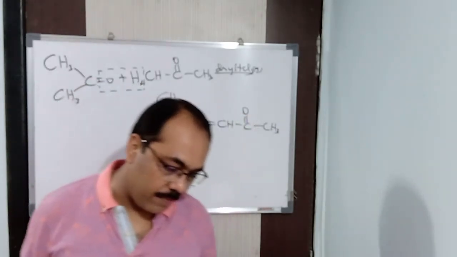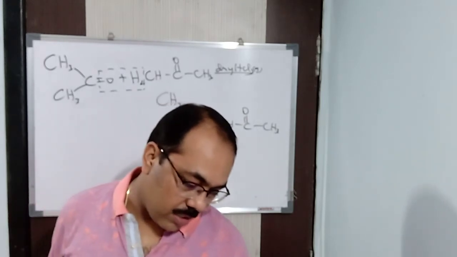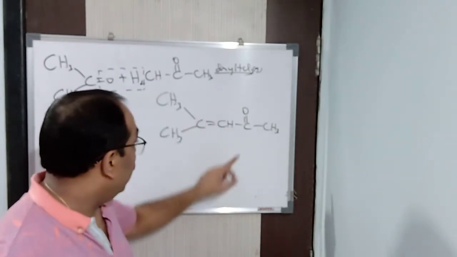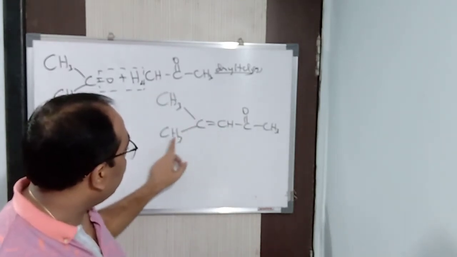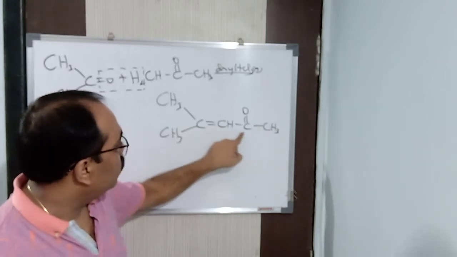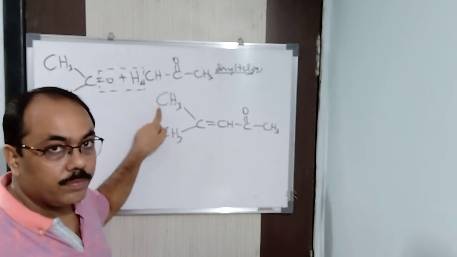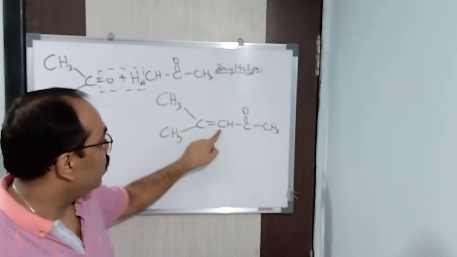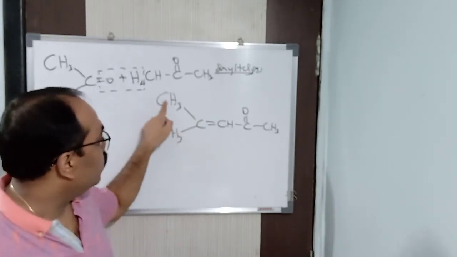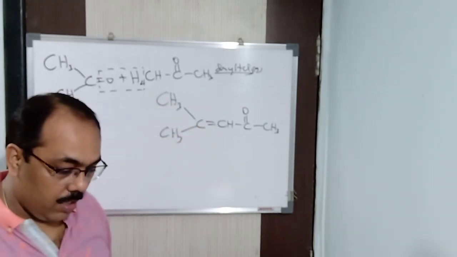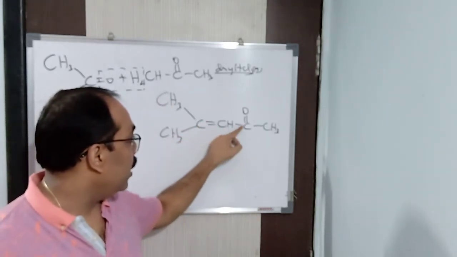This is said to be mesityl oxide, or 4-methyl pent-3-en-2-one. Counting from here, 1, 2, 3, 4, 5. The 4th position has a methyl, so it is 4-methylpent-3-en-2-one, with the double bond at the 3rd position and the ketone at the 2nd position.